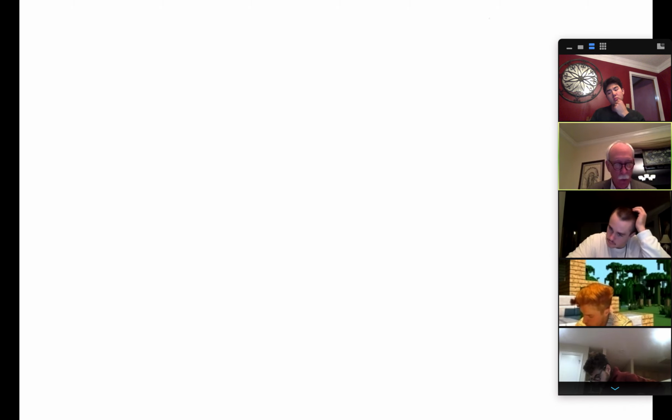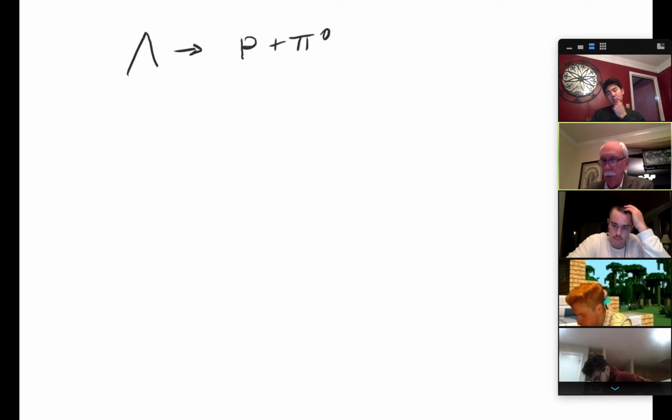Let's start looking at quarks a little bit. I've got a lambda going to a proton plus a pi 0. What's the quark composition for lambda? Well, that's what, page 565?